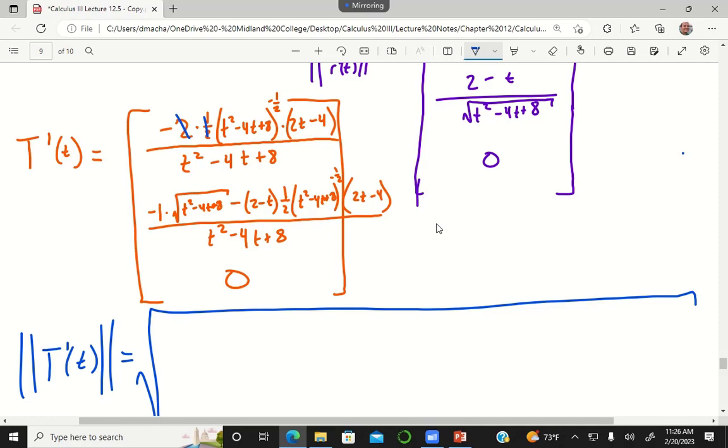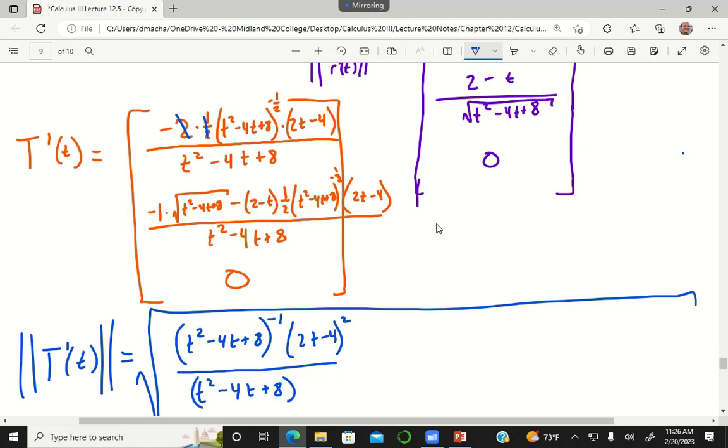I'm not going to be super picky about simplifying on my first try. So I'll do t squared minus 4t plus 8. Of course, it's squared, so that -1/2 power becomes a -1. And then this is 2t minus 4 squared over t squared minus 4t plus 8 all squared.